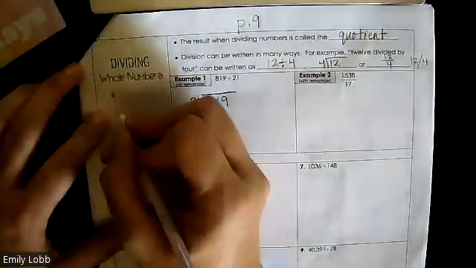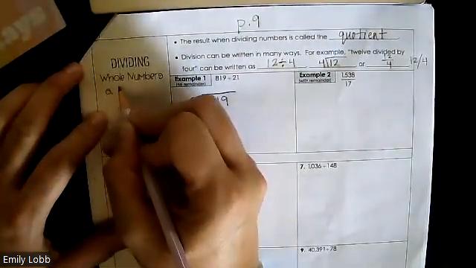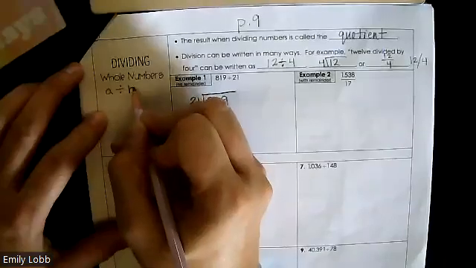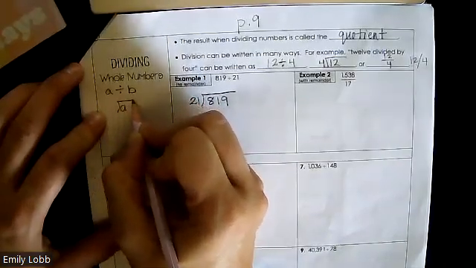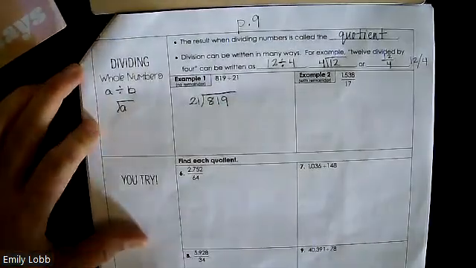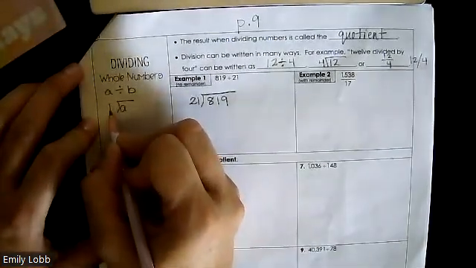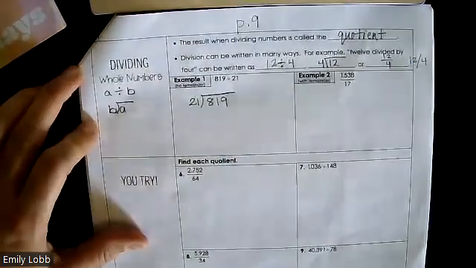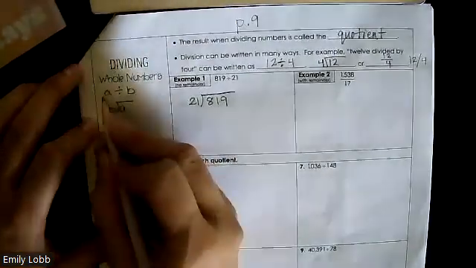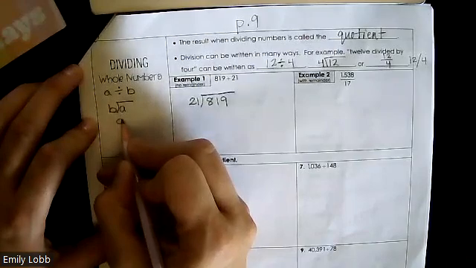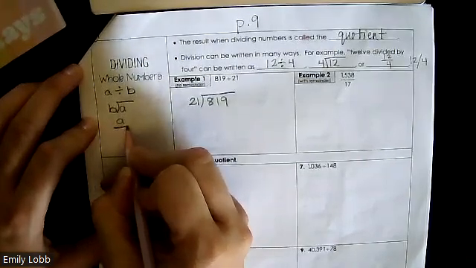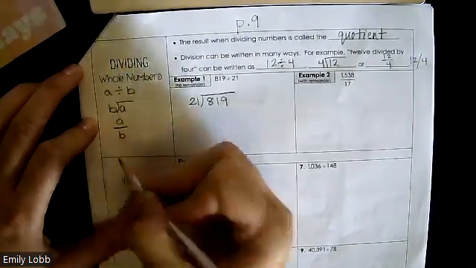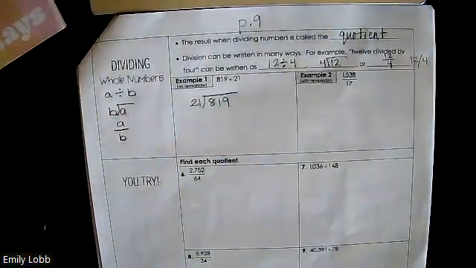Notice if we have A divided by B, that first number goes inside my division box and the second number goes on the outside, right? If we have A divided by B, A goes on top. We read from top to bottom, so we would read this A divided by B, okay?